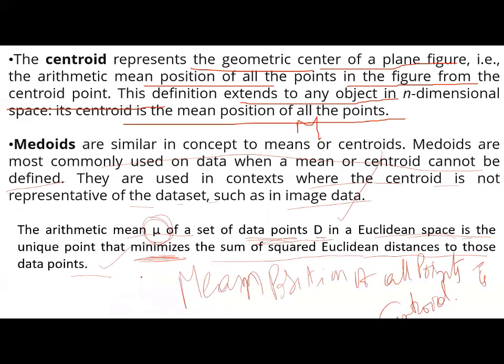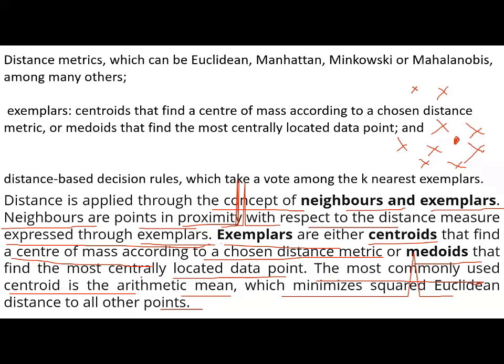So these are all the different terminology of distance-based machine learning. The most important are neighbors and exemplars. Neighbors means around. Nearest points are called neighbors. But how do you say nearest? What is the metric you are going to use to say nearest?